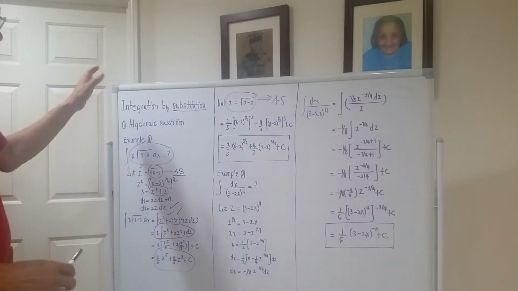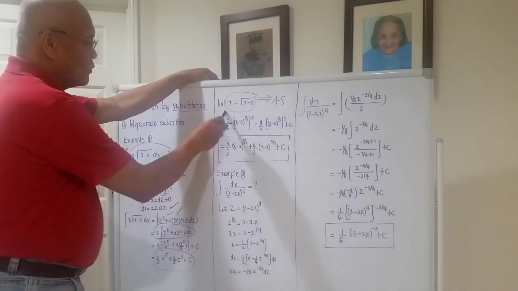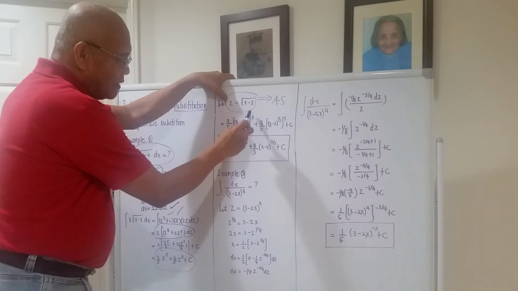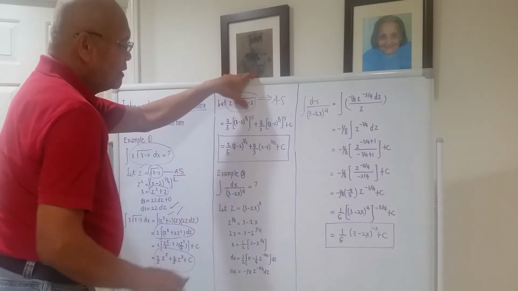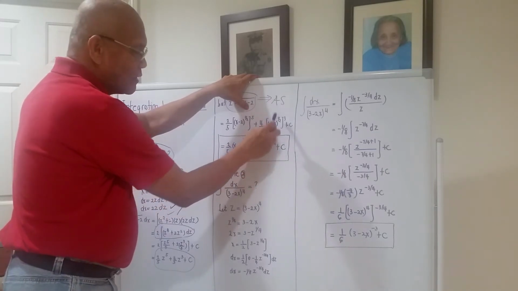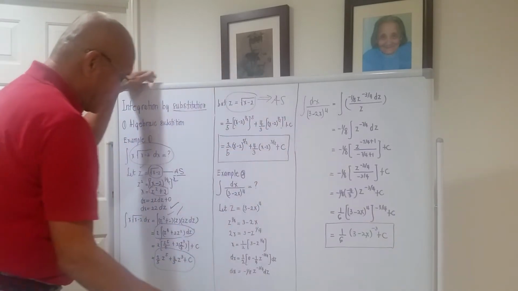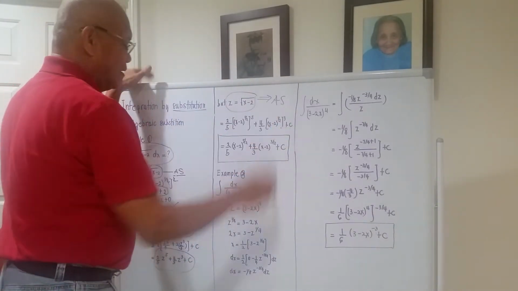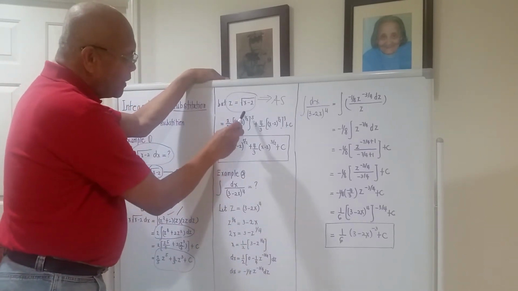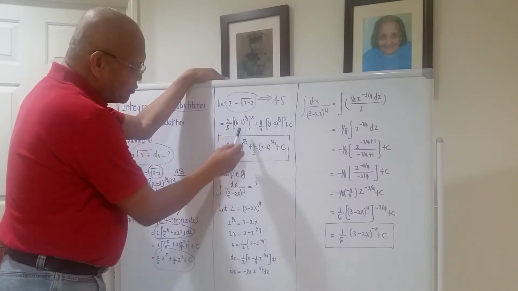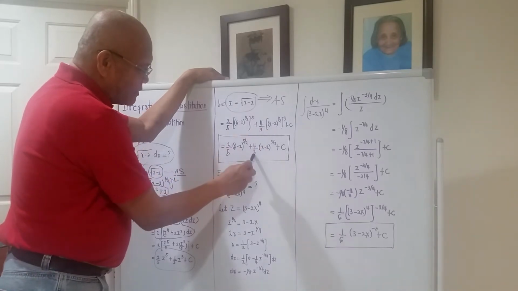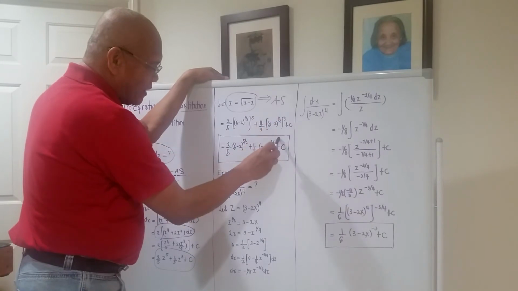Therefore, the final answer will be 2 over 5 times x minus 2 raised to the 1/2, raised again to the 5th power, plus 4 thirds times x minus 2 raised to the 1/2, raised again to the 3rd power, plus c. 1/2 times 5 is 5 halves, so the exponent is 5 halves. 1/2 times 3 is 3 halves.